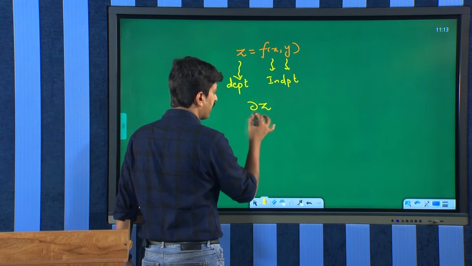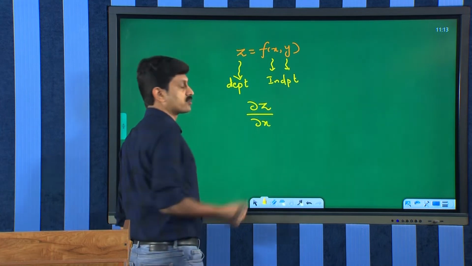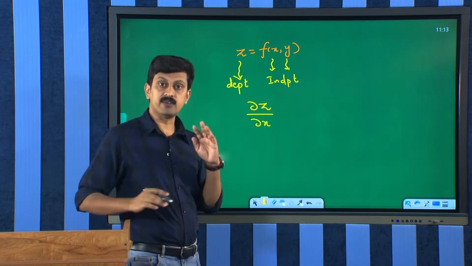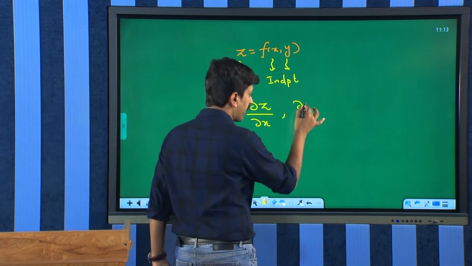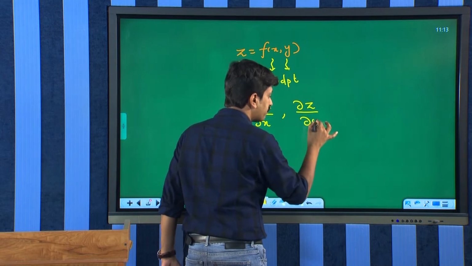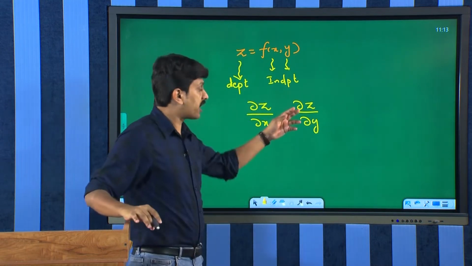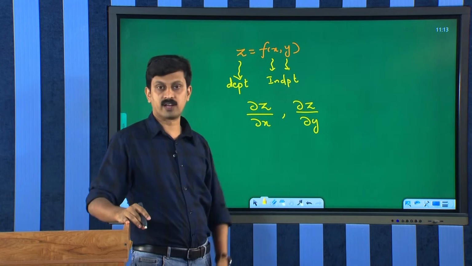that is, dou z divided by dou x, the first order derivative, where we partially differentiate z with respect to x. Similarly we can have dou z divided by dou y, where we partially differentiate z with respect to y.